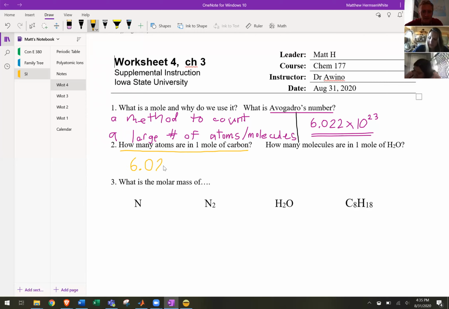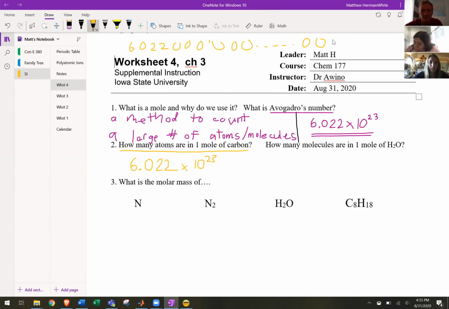So 6.02 times 10 to the 23rd. And if you're having trouble understanding what that means, that's like this: 602200000, dot dot dot, tons of zeros. This is like billions, 23 decimal places like this. So there are 6.02 times 10 to the 23rd atoms in 1 mole of carbon.